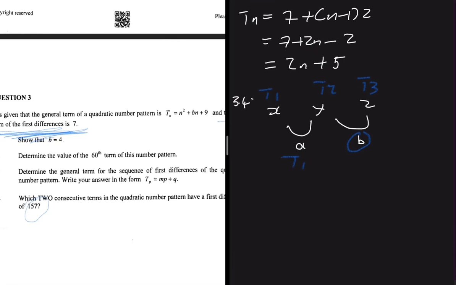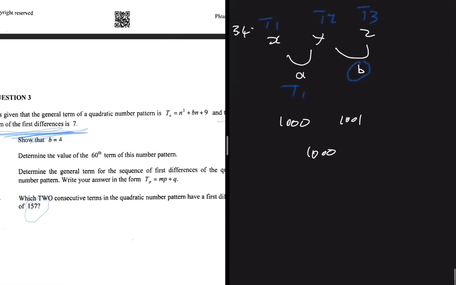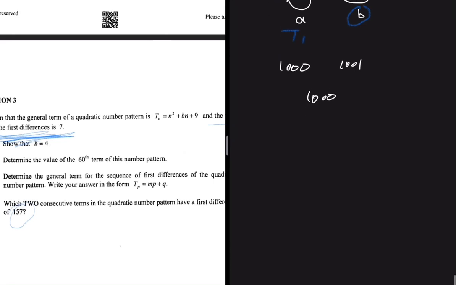So if we find that 157 lies on position 1000, then that will tell us that 157 is between term 1000 and term 1001 on the quadratic number pattern, right? So let's go ahead and find the position of the term 157 so that we can know where it lies on the quadratic number pattern.